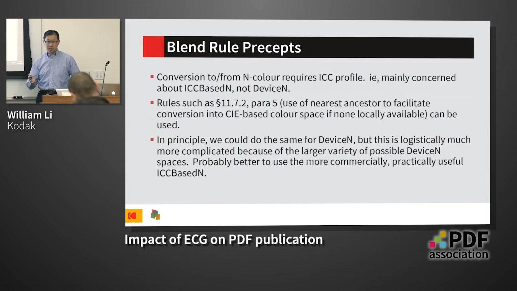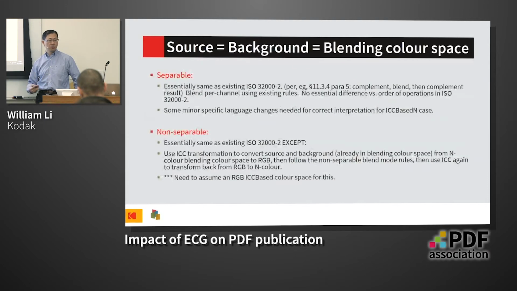In principle, you could do this for DeviceN, but I say, don't go there. Only go there if you have an actual ICC profile, because that gives you all of the specification you need to do the math to get in and out of the color space, which lets you do both separable as well as non-separable blend modes. And not just some of them, but all of them.